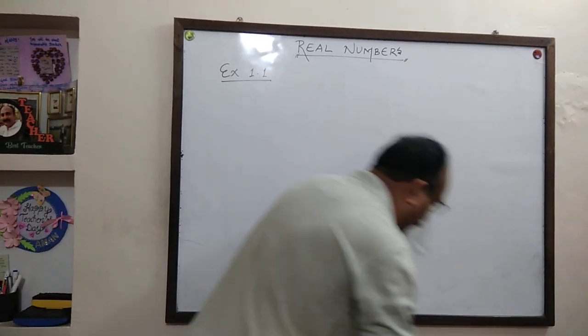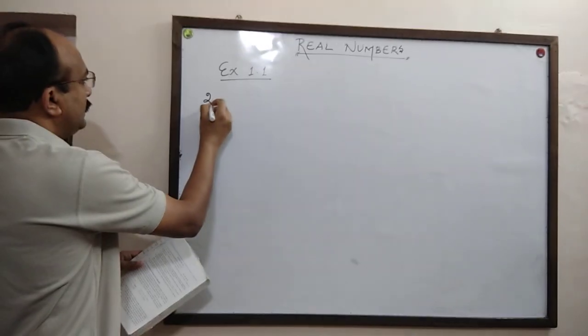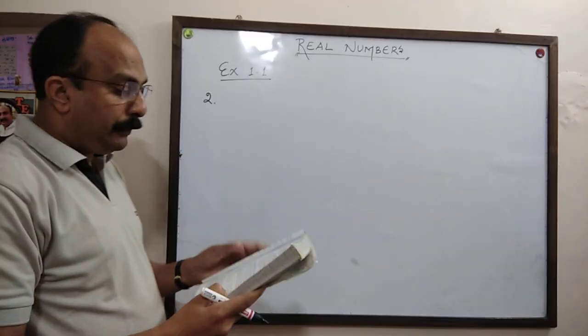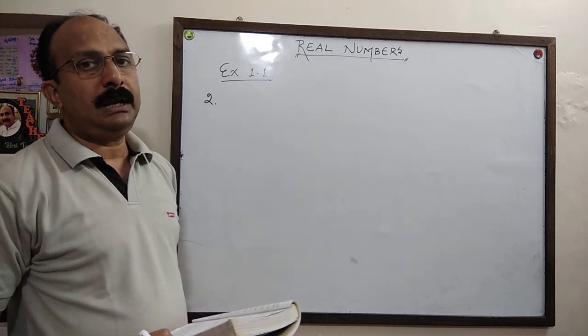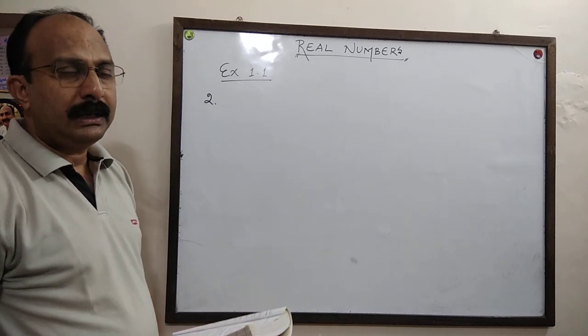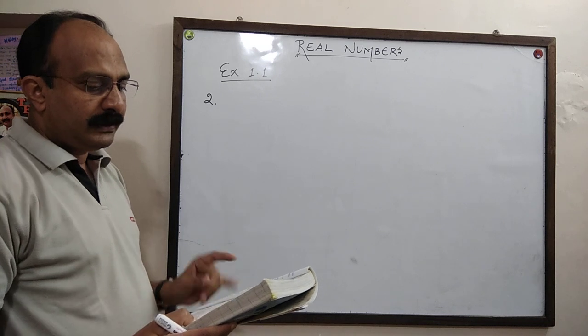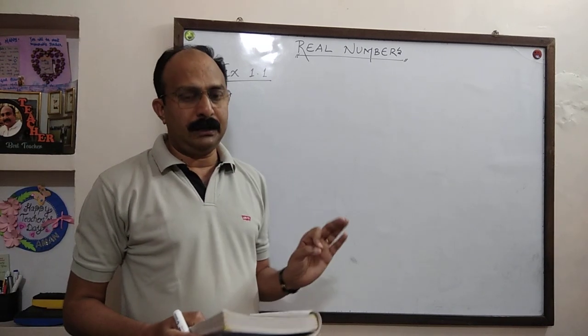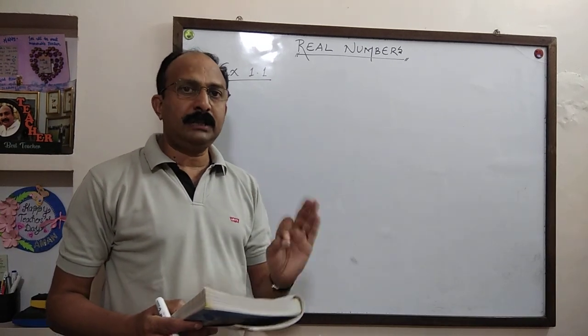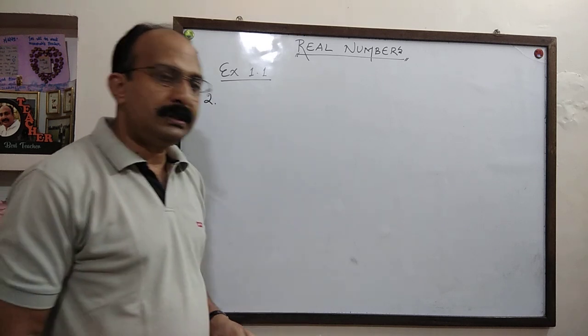I repeat the question. Show that any positive odd integer can be written in the form of 6q plus 1 or 6q plus 3 or 6q plus 5.